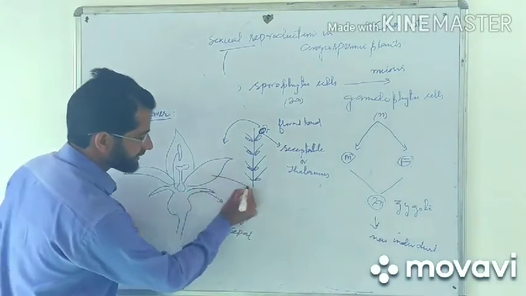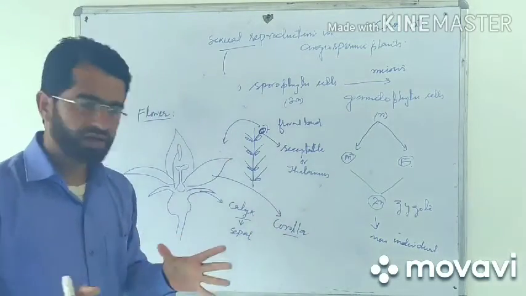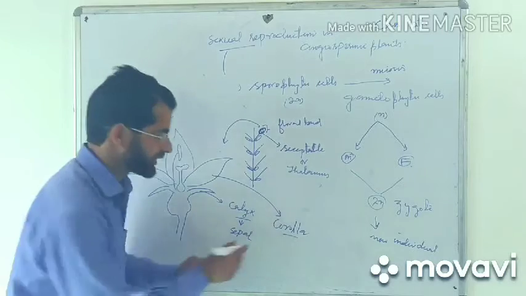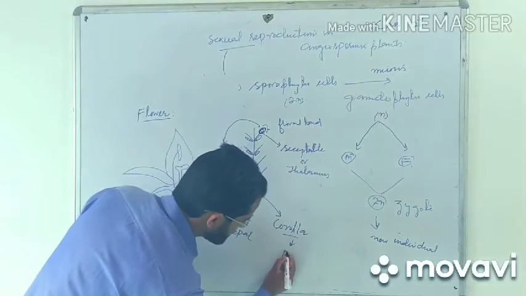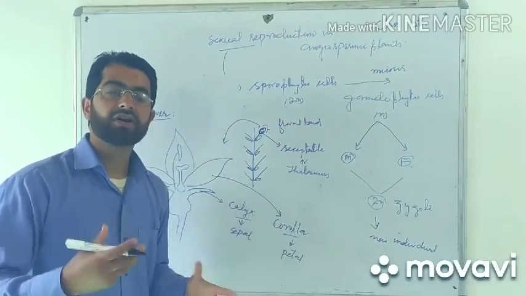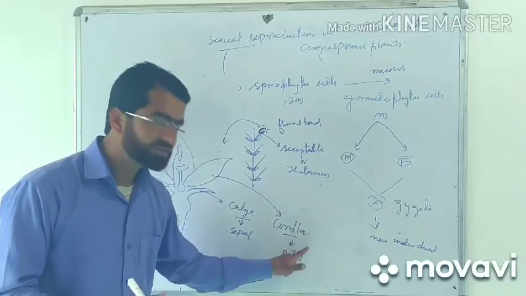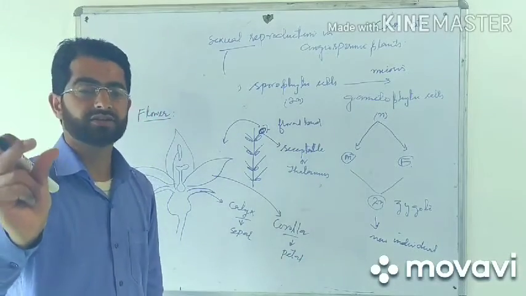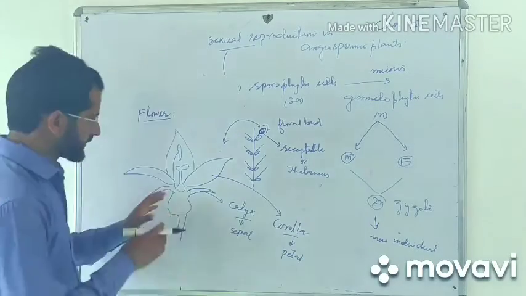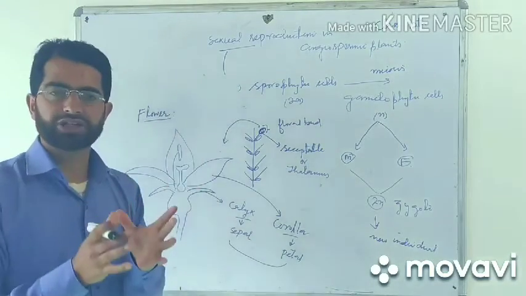Second is the colored part, that is known as corolla. Right? It is the colored part, and the individual unit of this corolla is known as petal. This corolla is colored. For what purpose? The corolla is colored because it helps in attracting pollinators for the act of pollination. These two whorls have no direct role in sexual reproduction.